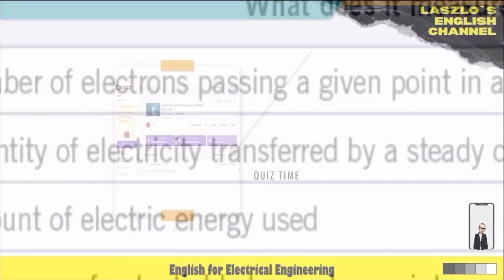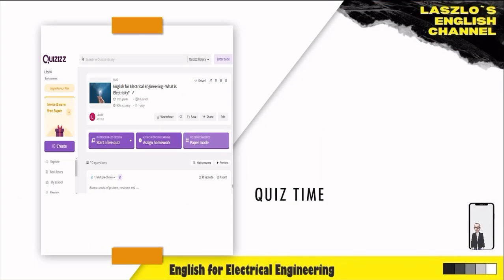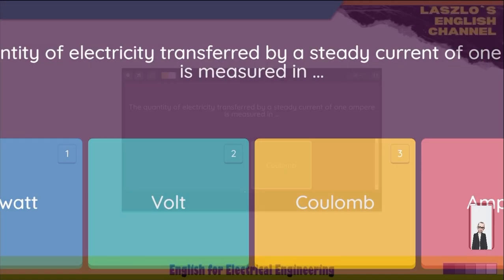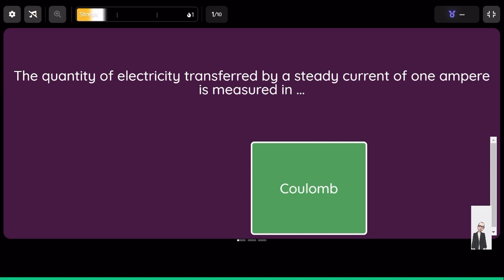Now we have got a quick quiz to complete. 10 questions right here. The quantity of electricity transferred by a steady current of 1 ampere is measured in... I'm going to leave you a second there. Coulomb is the correct answer.